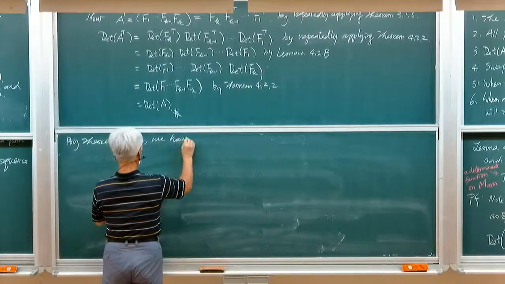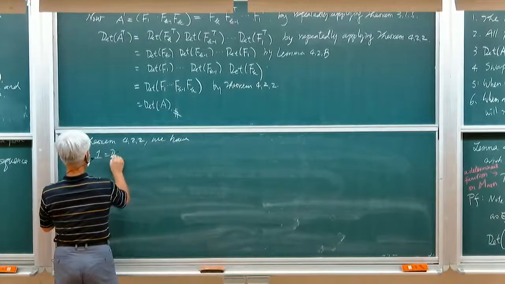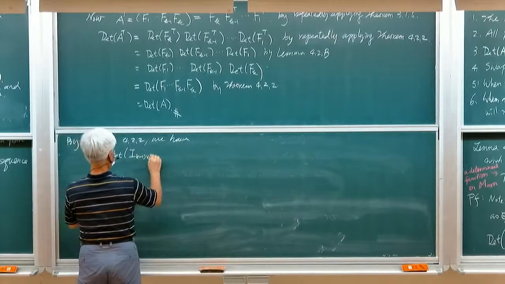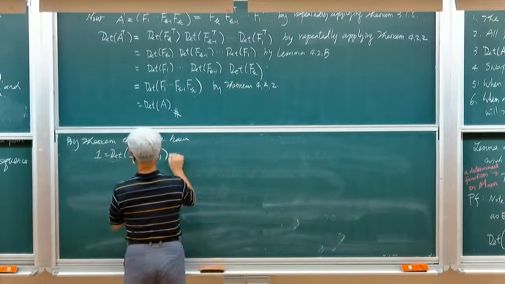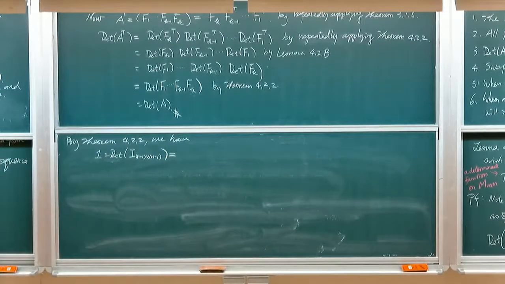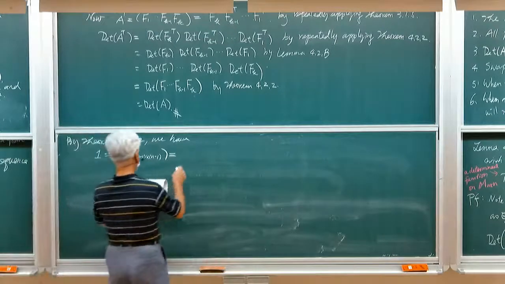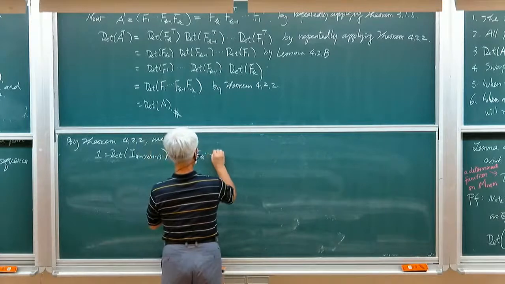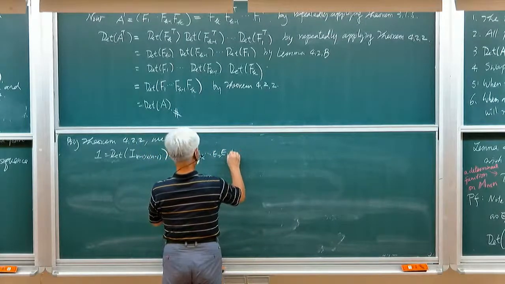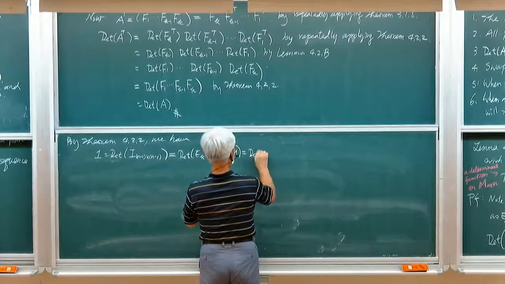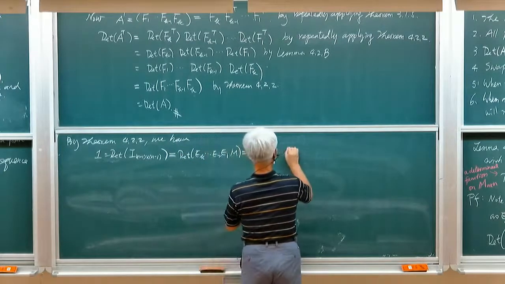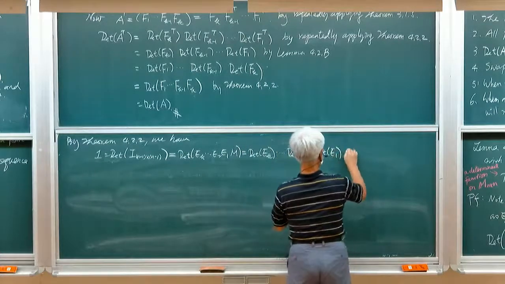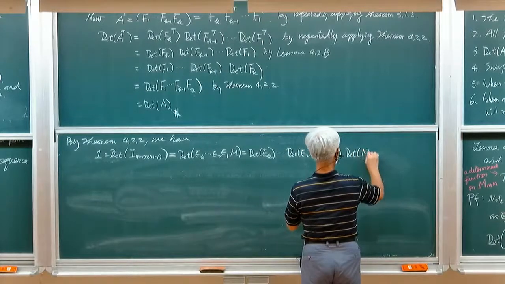So we have 1 is equal to the determinant of, according to this identity, the determinant of Ek, E2, E1, M. So this is the determinant of Ek, the determinant of E2, the determinant of E1, and the determinant of M.